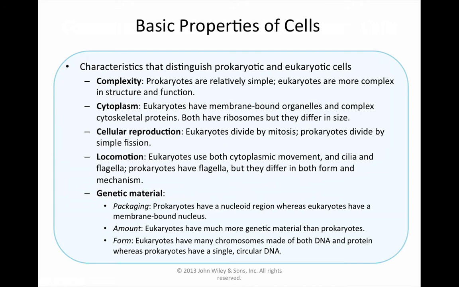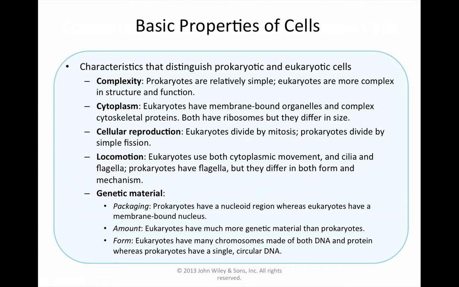For their cytoplasm, eukaryotes tend to have membrane-bound organelles, those little organs again, as well as complex cytoskeletal proteins. Cytoskeletal proteins are proteins that live in the cytoplasm, and they have sort of a skeleton-like function.